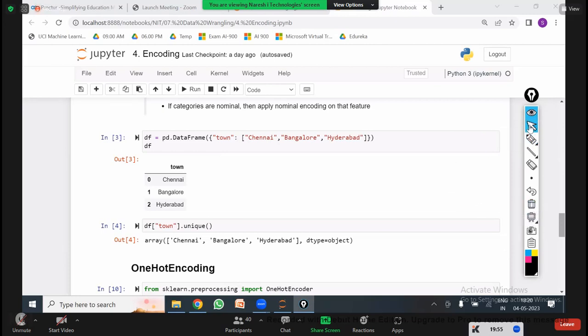So that is encoding. Once again, let's have a small recap. Whatever data pre-processing techniques we have done, just write in the notes: different data pre-processing techniques.